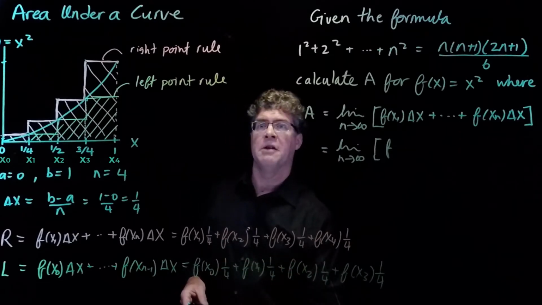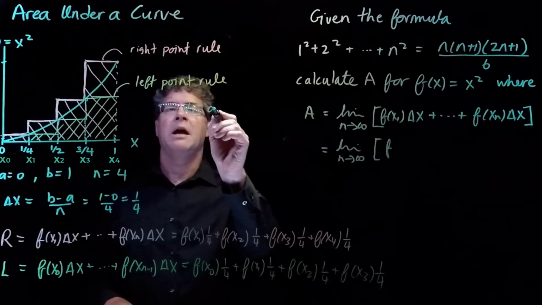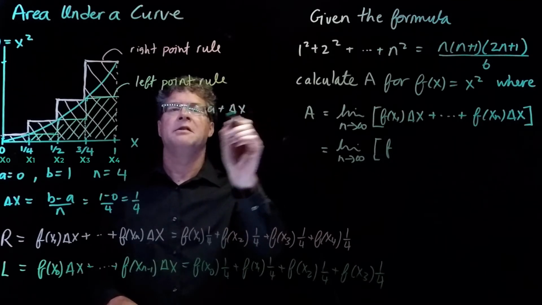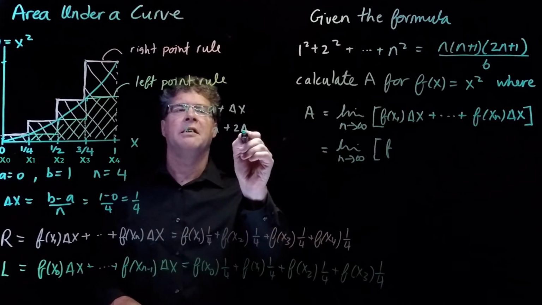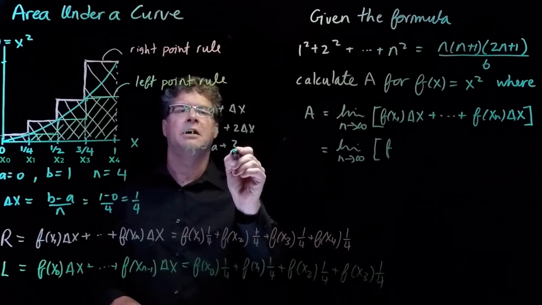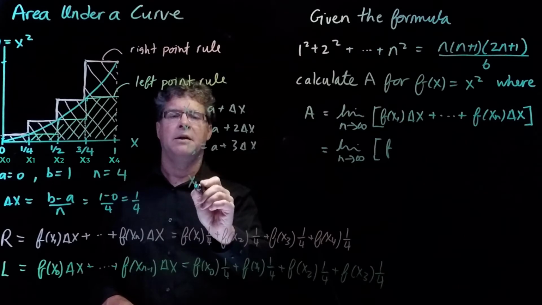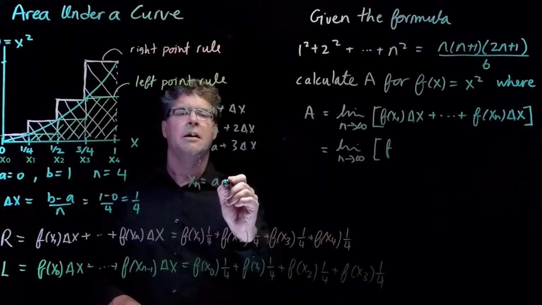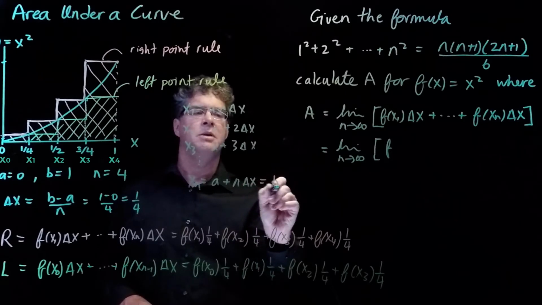The values for x1 through xn are: x1 is equal to a plus delta x, x2 is a plus 2 delta x, x3 is a plus 3 delta x, all the way down to xn, which is a plus n delta x, and that turns out to be b.